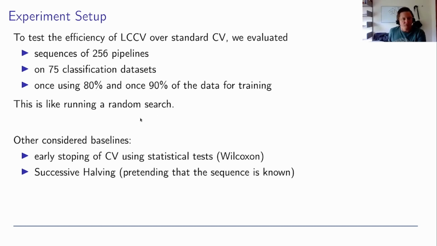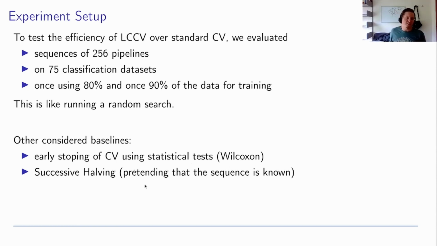In addition, we have two other baselines. One is to say, okay, after each iteration of the standard cross-validation, we employ statistical tests to reject the hypothesis that the new candidate can be better than the best seen solution we have so far. So this could also potentially be an improvement.